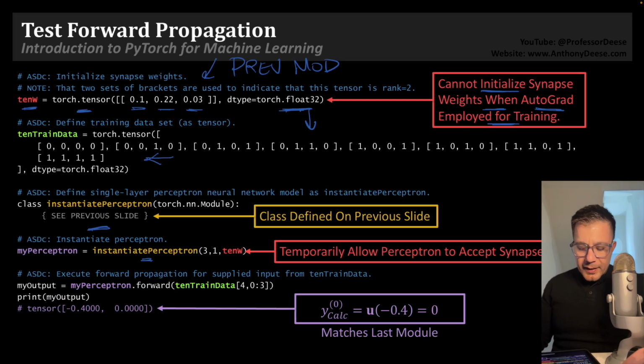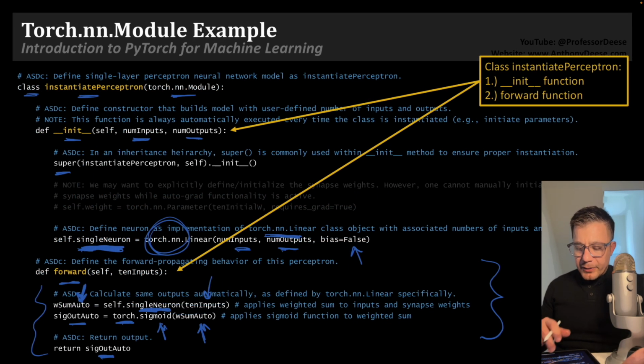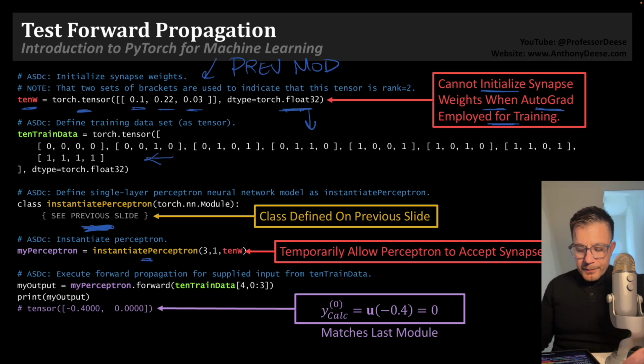Okay, here we define the instantiate perceptron constructor, and the reason why I have written previous slide is because that's all the code we have right here. That would go here. And then we actually instantiate the perceptron, right? So we create an object that I call my perceptron that we create using this constructor. It accepts three inputs, it generates one output, and it accepts these tensor values.